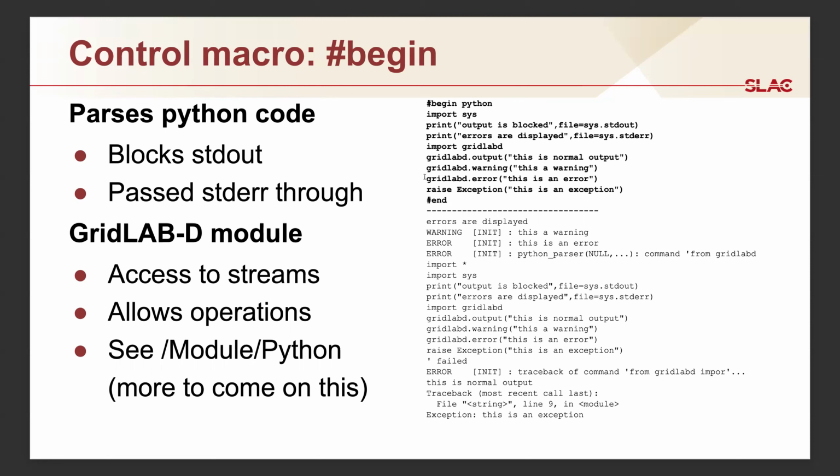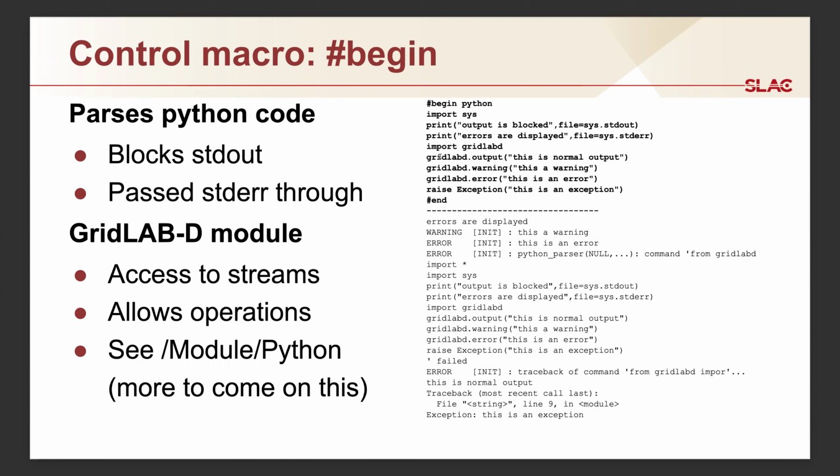And then, of course, as it does this, all the directives that you encounter in Python would be parsed and used. And in particular, you can use this Gridlab-D module to access the Gridlab-D model itself and the streams and such. So you can see how this sequence of printing information, depending on the stream it goes to, it might be blocked or displayed, and then using the Gridlab-D streams to output data.